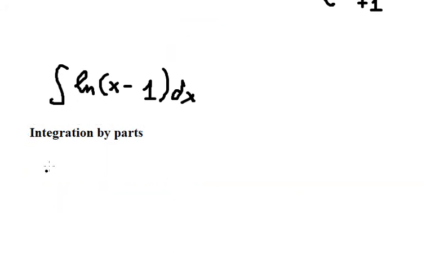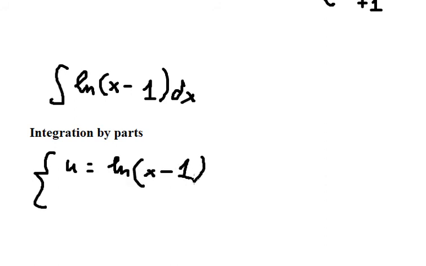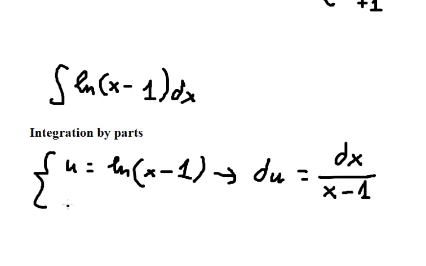So I will put u equals ln of s minus 1. Later, we do the first derivative for both sides. We have 1 over s minus 1. dv, we have ds. The integration of this one, we have v equals s.